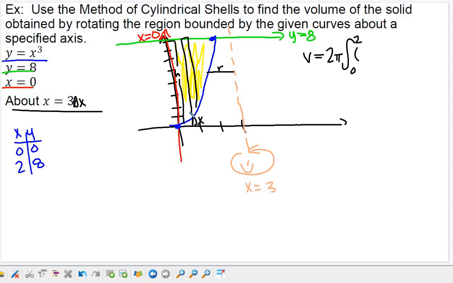It's not this distance, because x would be the distance from here to here. But that's not my radius. My radius is this distance. So that's going to be 3 minus x, whatever that x value is. So like if the x value is 1, my radius would be 3 minus 1. Okay? And then my height is the distance between these functions. So it's going to be 8 minus, because 8 is on top, above the blue function, x cubed, and then dx.